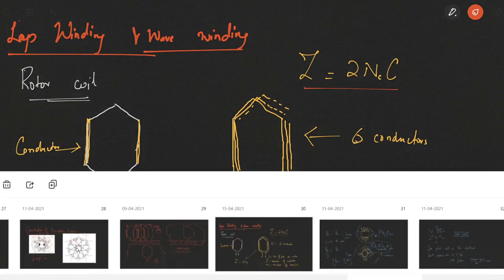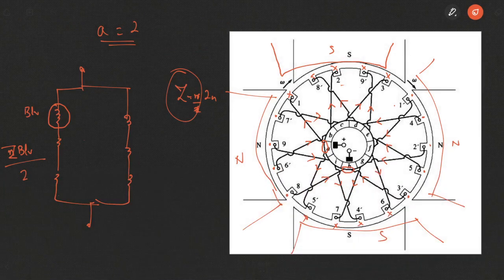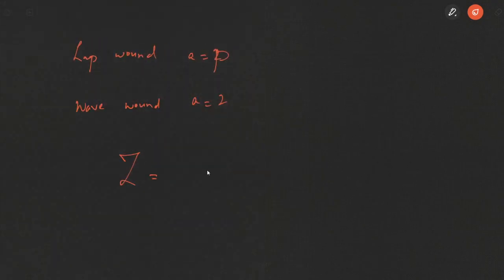Fine. Here the number of turns per coil is n, and C represents the total number of coils. And the EMF equation accordingly can be established as Z divided by A into BLV, because if Z is the total number of conductors, then the number of conductors in one parallel path will be Z divided by A.